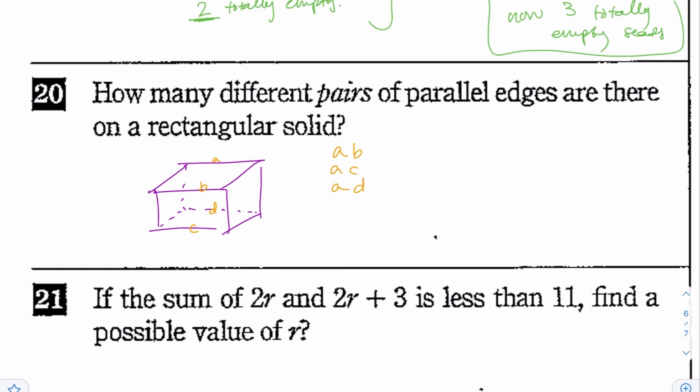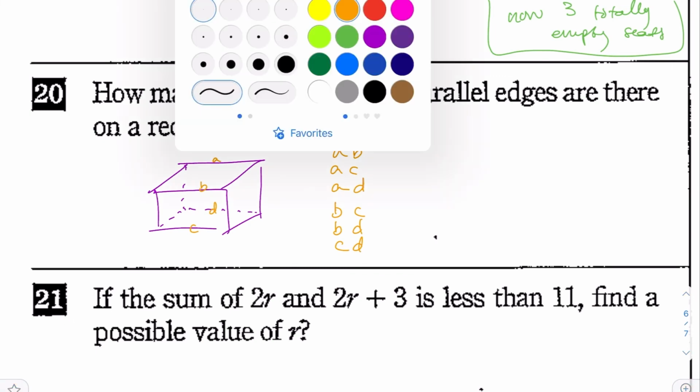Then for B, you already have BA, so you want to do BC and also BD. And you already have CA and CB, so you only want CD. And for D, you already have DA, DB, and DC. So you have 6 horizontally.